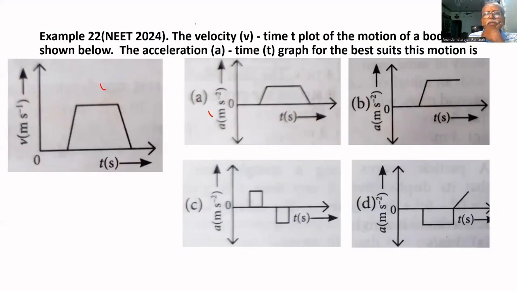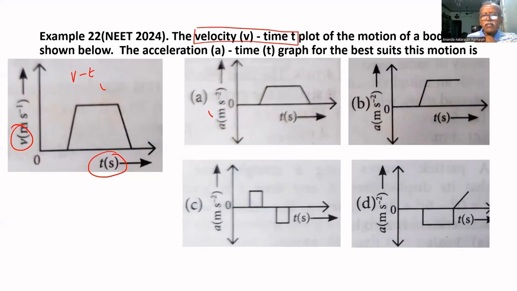The velocity V time t plot. Time versus velocity plot of the motion of body is shown below. So here, this is the velocity time plot. The acceleration time graph that best shows this motion is.